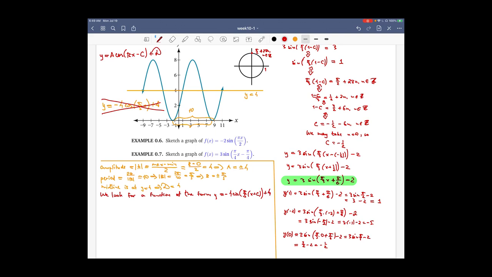And look for c now, where c is to be found.